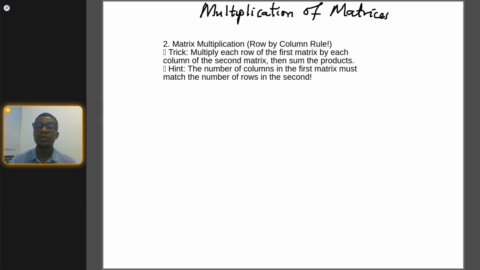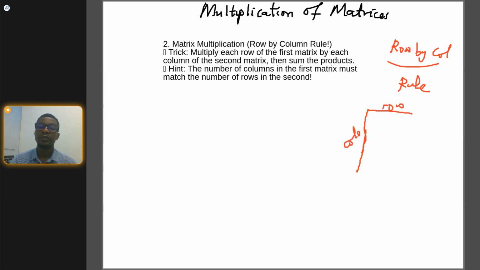It is done by row by column. The rule we are going to be using while multiplying is called row by column, and you can symbolize that with a symbol like you are drawing a 7, where this is the row and this is the column. So you'll be multiplying row by column. Let's look at the trick.